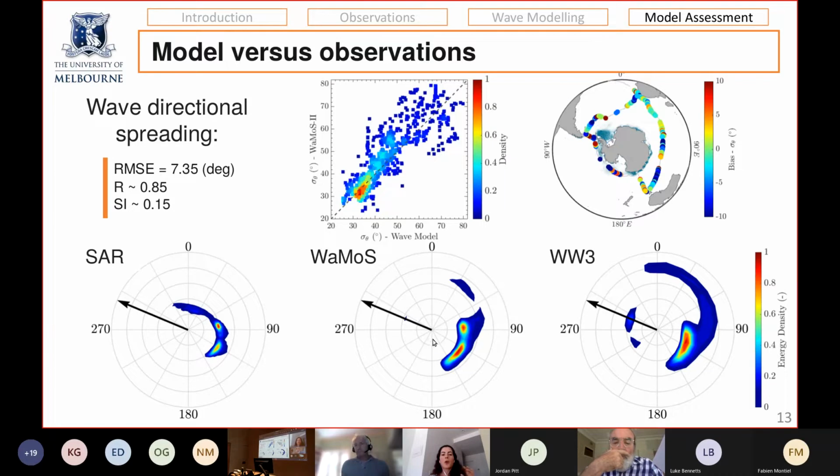So we were able to actually compare the wave spectrum from WAMOS against our model. I have also plotted the concurrent observations from SAR satellite observations to see how they compare. It is interesting to see that the wave model pretty much in this case combines the two modes of this wave spectrum.